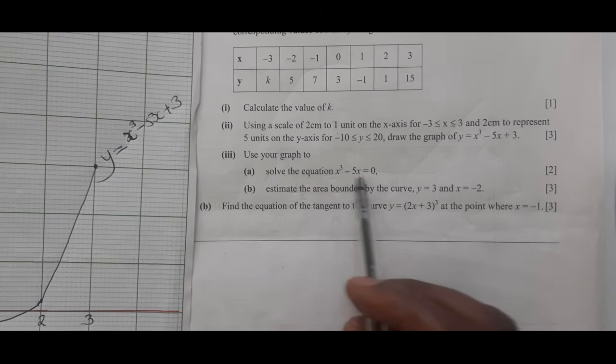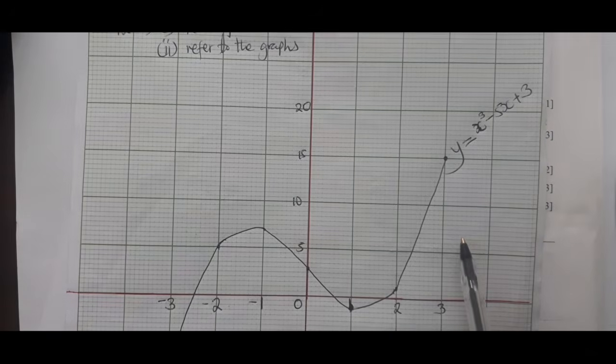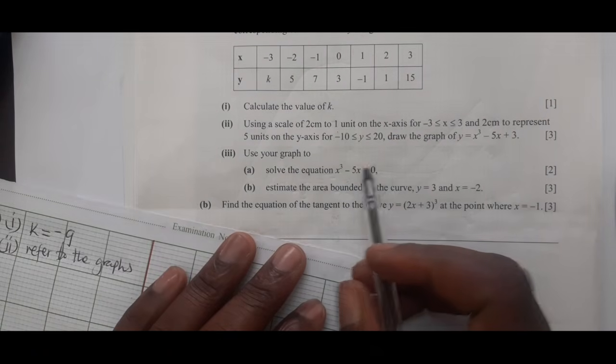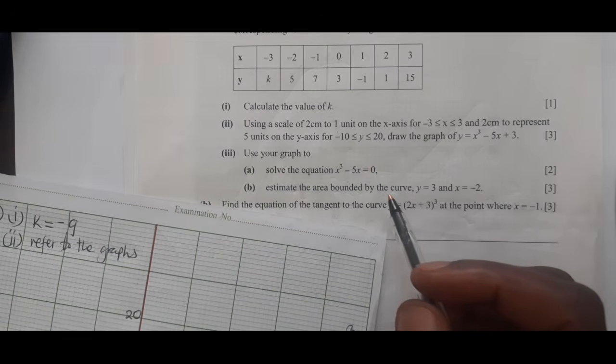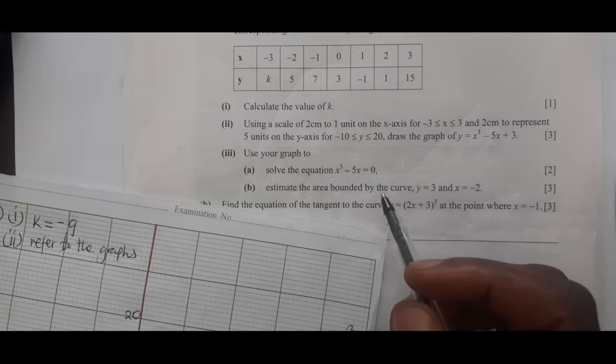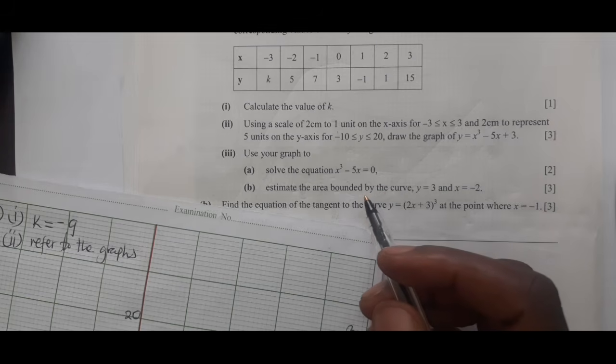Okay, to solve this, how do we solve this one? Now look at what we have here. The 3 is no longer on this side, isn't it? So we'll be solving the equation.